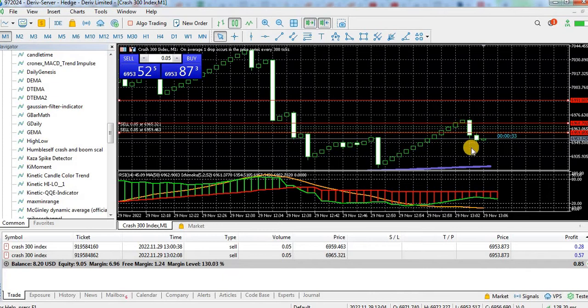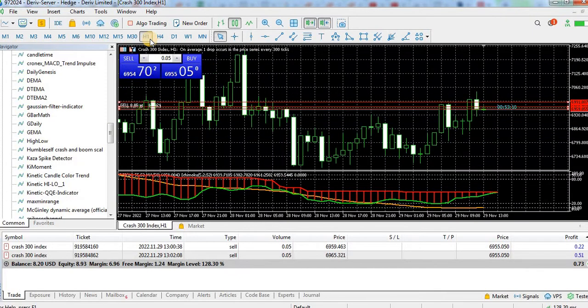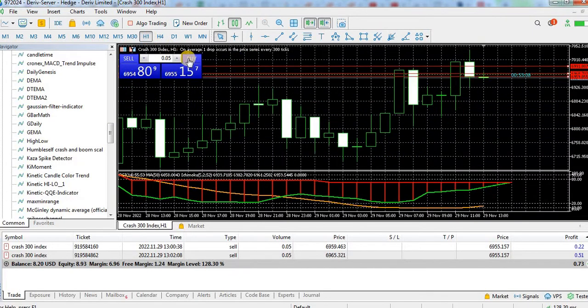You'll have been in serious profit now, because on Crash 300, a little move like this will give you massive profit. And don't forget, a little move against you will also bring much loss. So that's that. Okay, is it going to spike again? Let's see. Okay, don't know. Let's see what's going to happen.